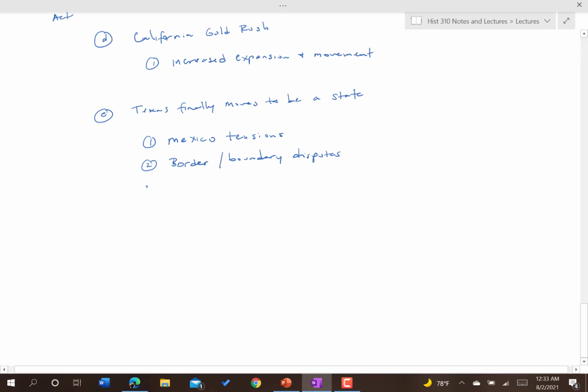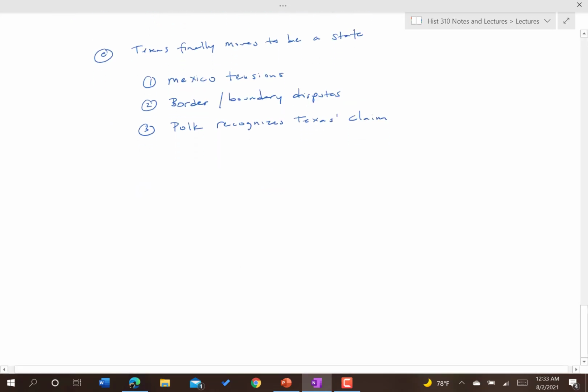And what happens with this is the president at the time, Polk, recognizes, of course, Texas's claim. It doesn't just immediately create a war, but there is suggestion that Polk wanted to fight Mexico, and he certainly seemed to push the issue and encourage it.